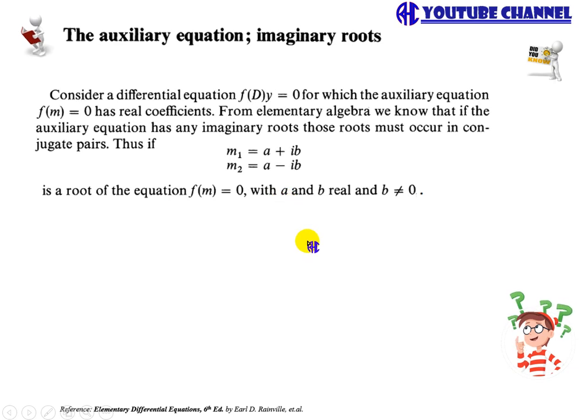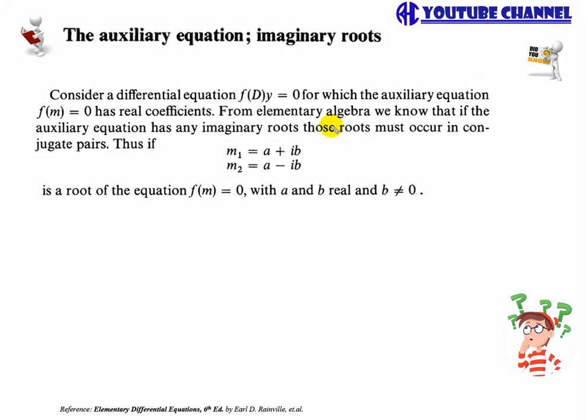Okay, so consider a differential equation, the function of the differential operator D of y is equal to 0, for which the auxiliary equation, the function of m, is equal to 0 has real coefficients. From elementary algebra, we know that if the auxiliary equation has any imaginary roots, those roots must occur in conjugate pairs.